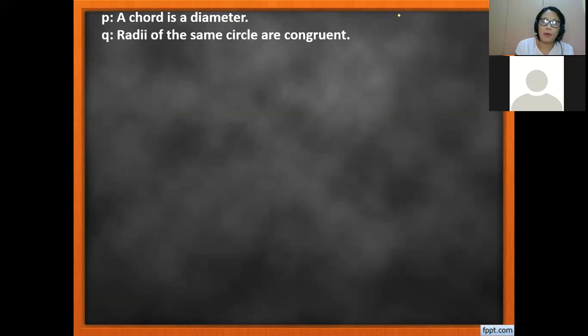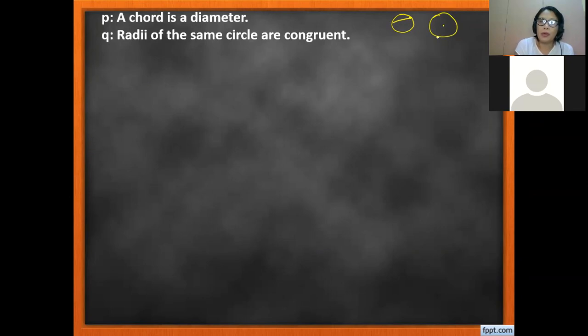So, for example, if this is a circle, and then we have this line segment, this one. So, this is an example of chord, this line. When we say diameter, let's say this is a perfect circle, and this is the center of the circle.